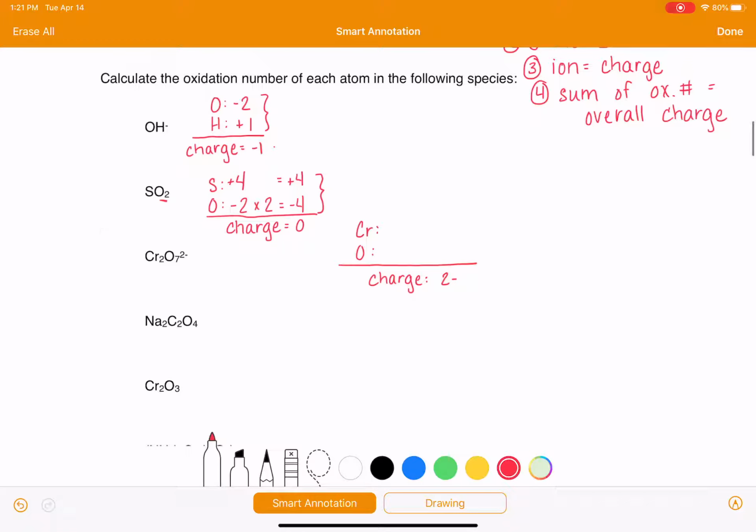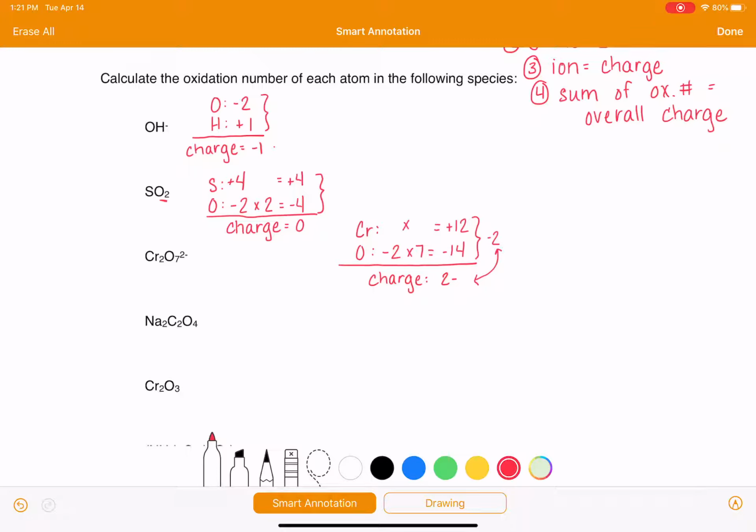We know that oxygen is -2, and we have 7 oxygen atoms in this polyatomic ion. So all together, the oxygens add up to -14. So in order for this to work out right, the sum of the chromium's oxidation numbers has to be +12. +12 -14 is equal to -2, which is our charge.